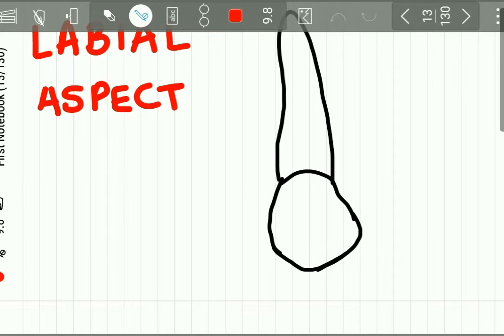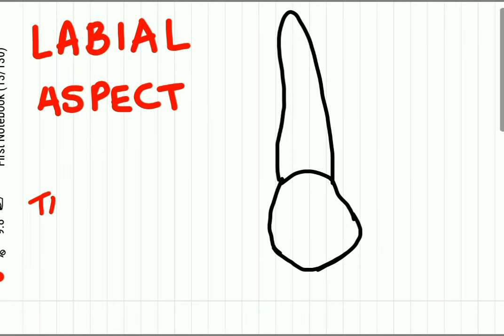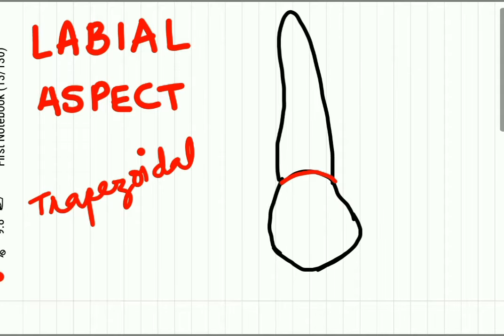Now, talking about the buccal aspect of the maxillary first premolar, the crown is mostly trapezoidal in shape. It resembles a trapezoid. Now, the cervical line shows little curvature. The mesial outline is concave.